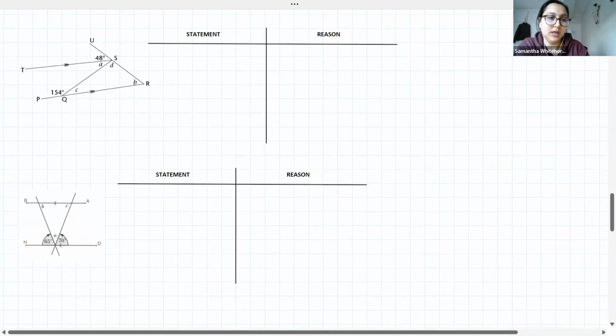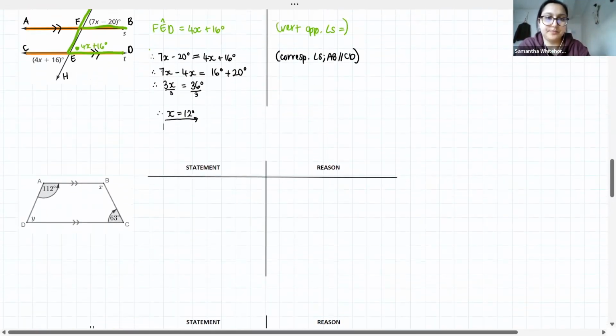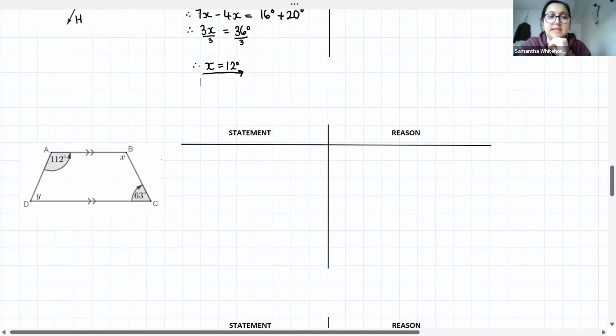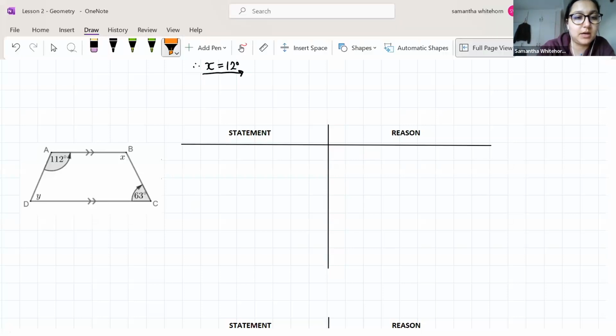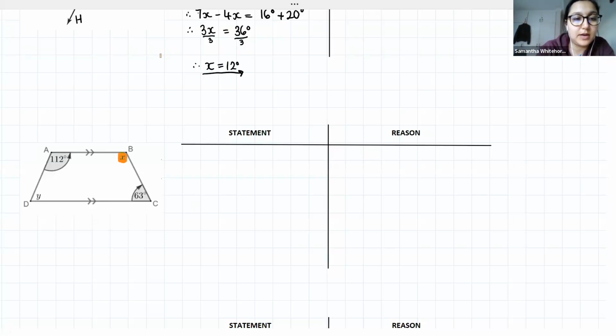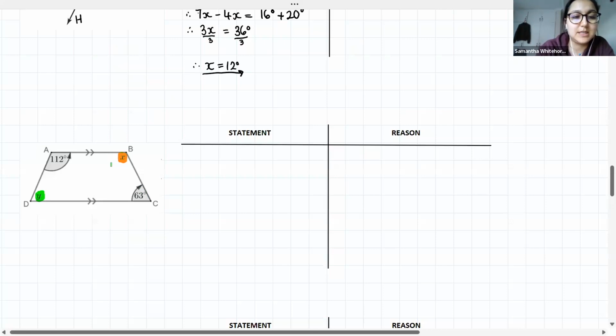Alrighty. Let's have a look at the third one here. I just want to see what I had available. I want you to try the third question. What I need you to bear in mind is that there's two angles that I'm now asking for. I'm asking for angle X up at vertex B, and I'm asking for angle Y down at vertex D. So there's two angles I need an answer for.